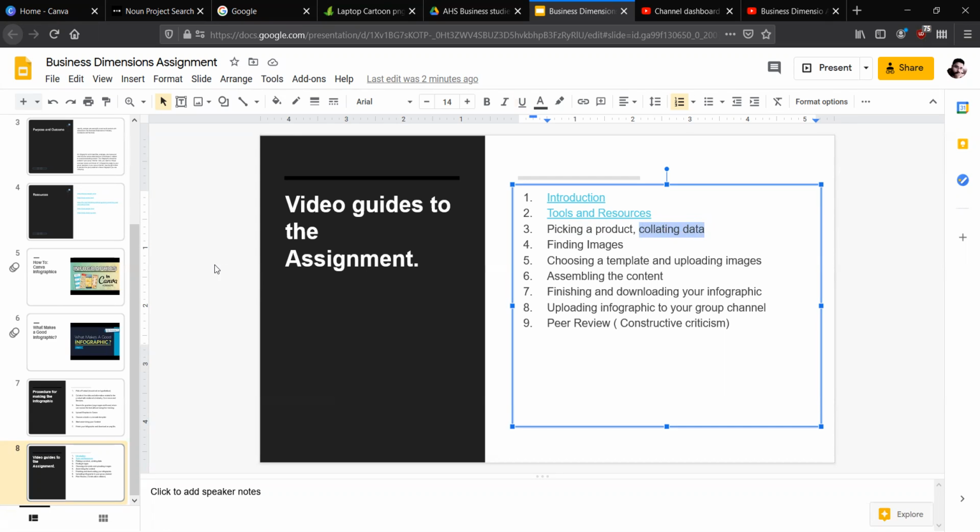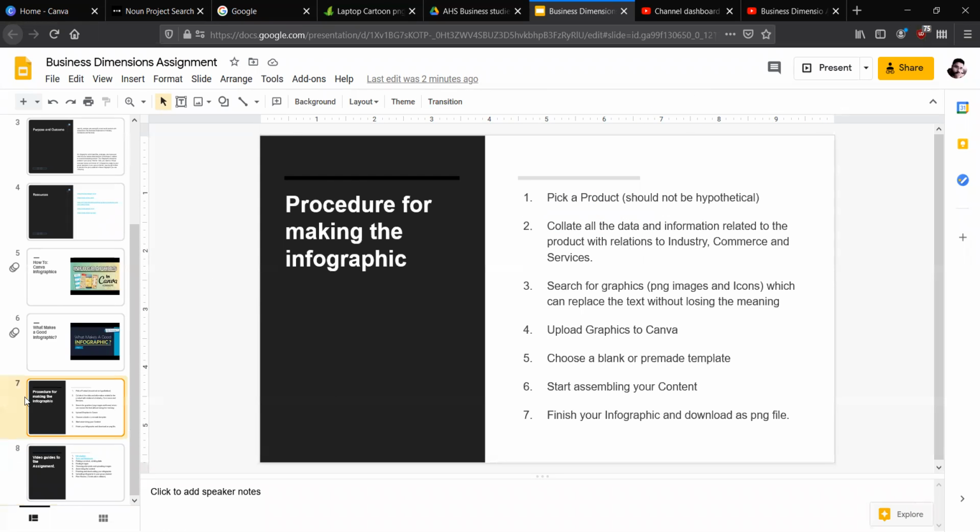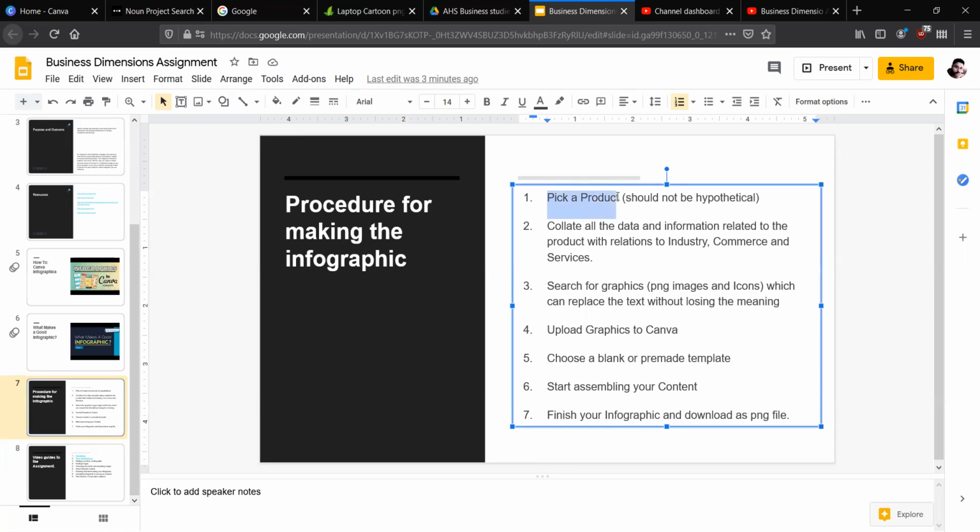All right. So, if you go to slide number 7, I have made a step-by-step guide. What's the procedure for making the infographic? So, step number 1, pick a product. Remember, this is a product and not a company.